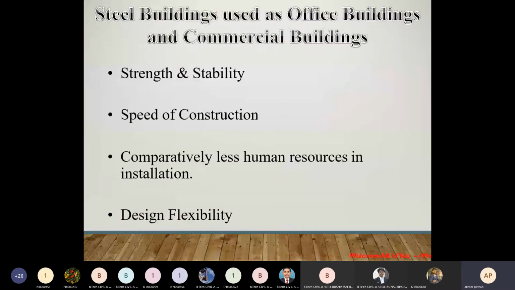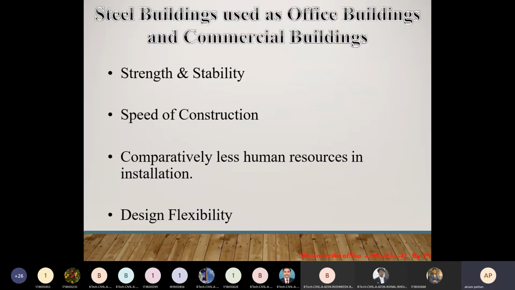Then the steel building used as an office building and commercial building. In the case of any type of office or commercial building, from the business point of view, we can use such technology for construction because of its strength and stability. Then again the speed of construction, then comparatively less human resource in the installation, so ultimately the labor cost will be reduced.